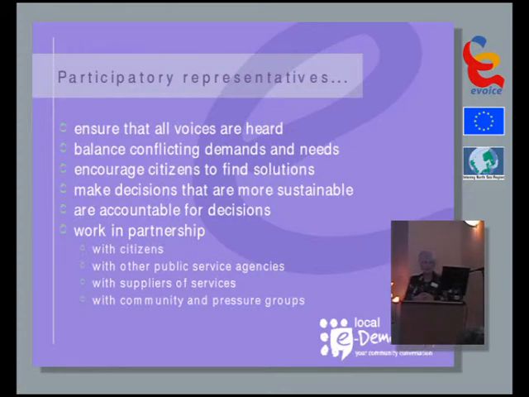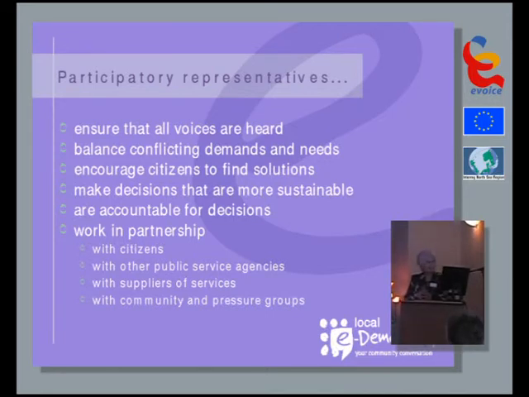And that's very much tied up with the previous point. If citizens are involved in finding the solutions, then the decisions are likely to be better decisions. But your representative is still accountable for the decisions that are made.